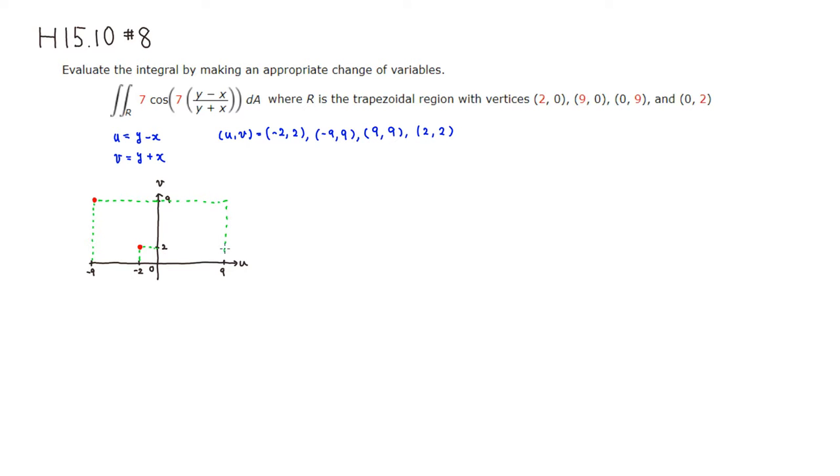This is our third point. And the last point is 2 comma 2. So it's going to be 2 right here, and the 2 is already there.